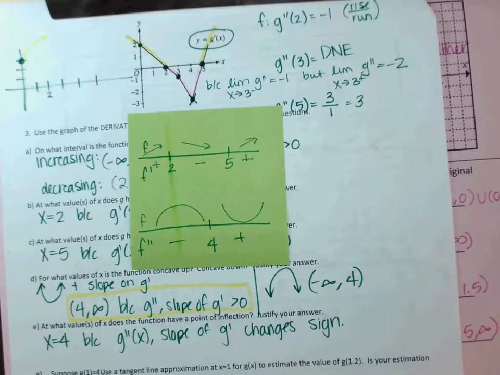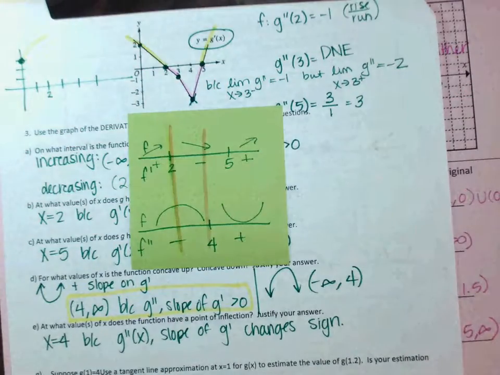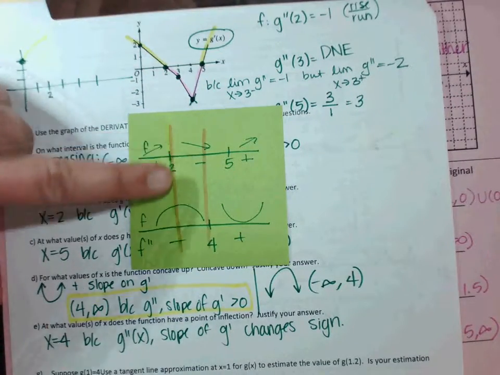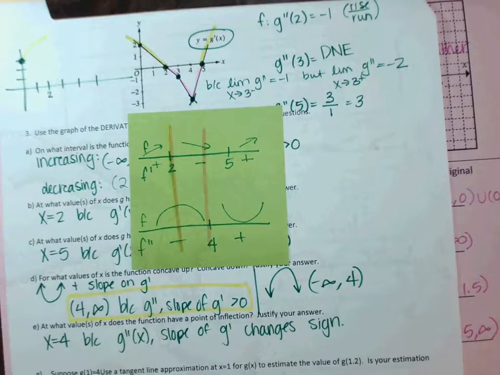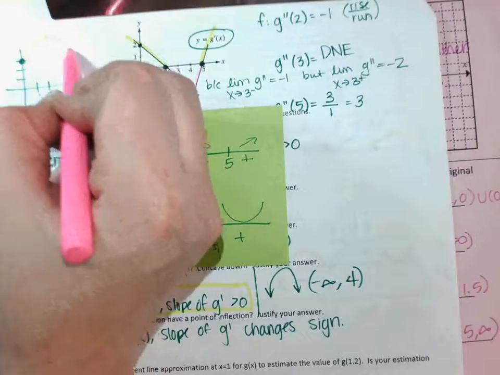What is my next important number? From 2 until 4, what does my graph need to do? It needs to decrease how? Concave down. So from 2 until 4, I'm going to decrease concave down.